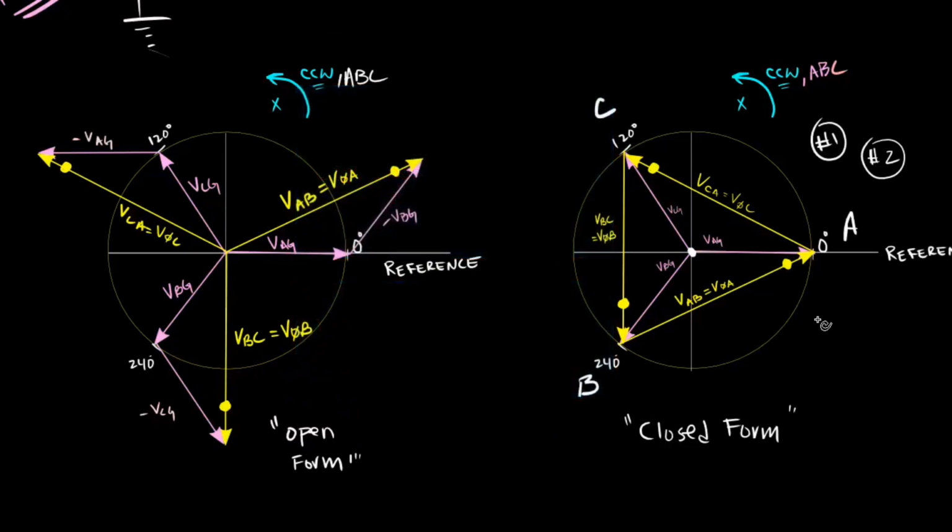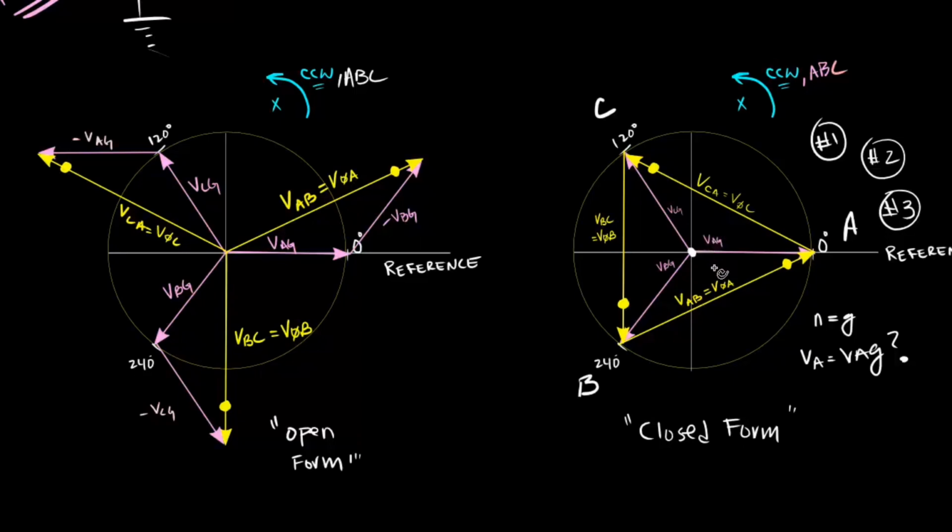And by inspection, the neutral is equal to the ground. And then the question comes up, well, why is VAN equal to VAG? And then the last thing is number 3, the most confusing thing about this closed form phasor diagram is: why are VAB, VBC, and then VCA shown in this particular manner?